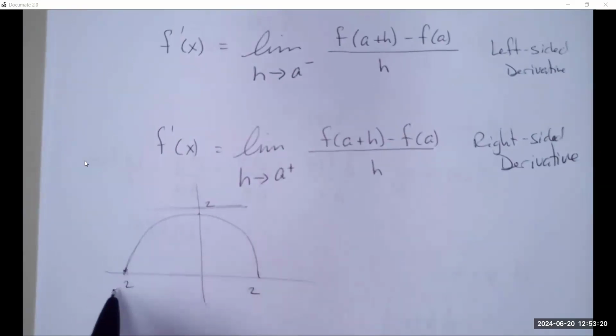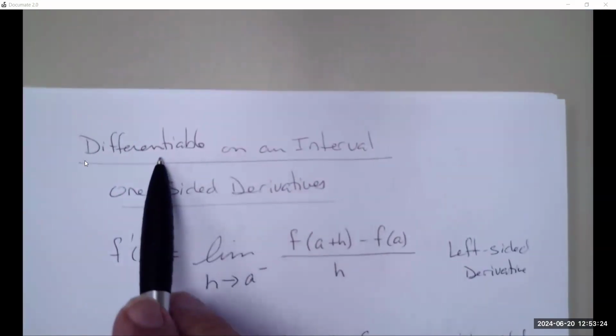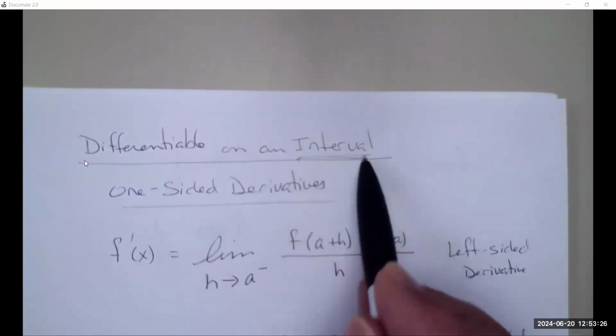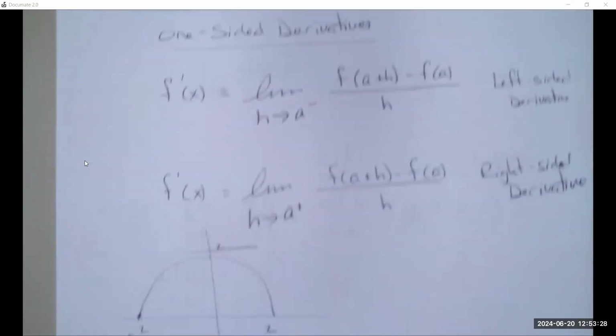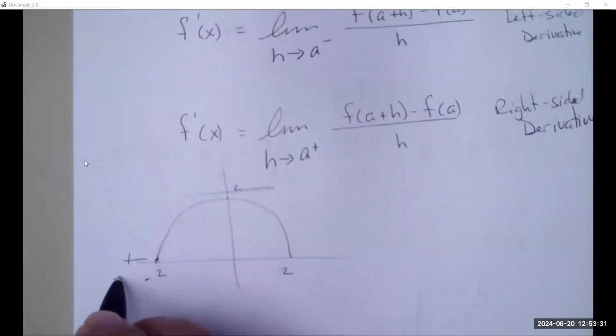So as we go to an endpoint of an interval, the clue was here, differentiable on an interval. I can't take a derivative at -3 because it's not on the interval.